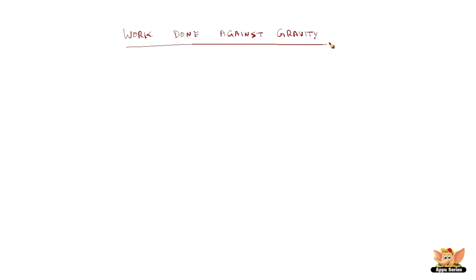However, you also understand that when you are lifting the object, there is a force of gravity acting on the object. So in this case, we encounter a new force, the force of gravity.